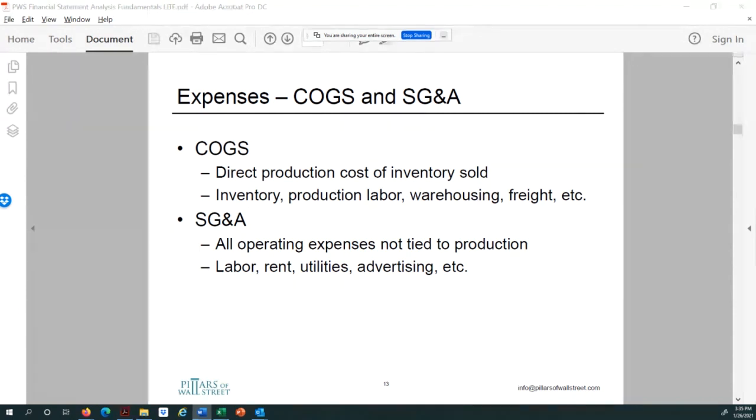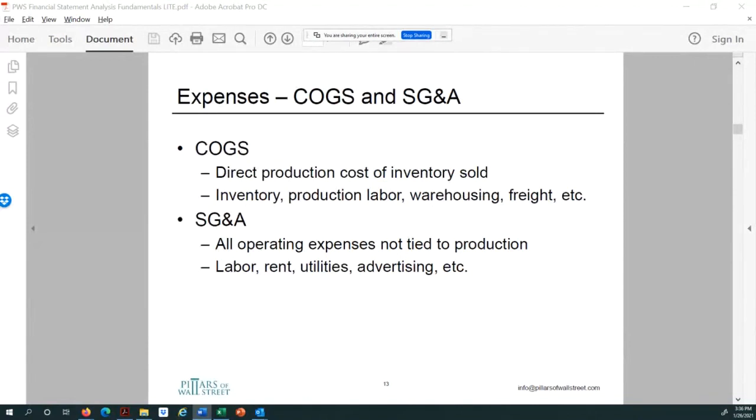So if I said what's EPS last year for a company, it's the net income for the whole year divided by the average share count for the whole year. What you can't do is take the most recent share count and divide it into the earnings for the year, because then you're comparing apples and oranges.